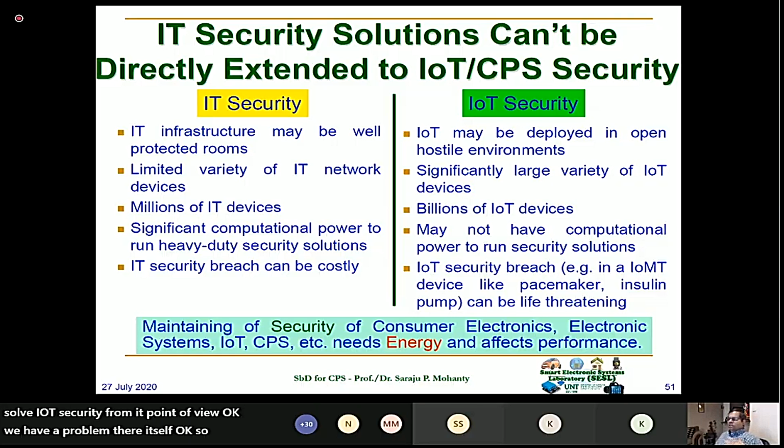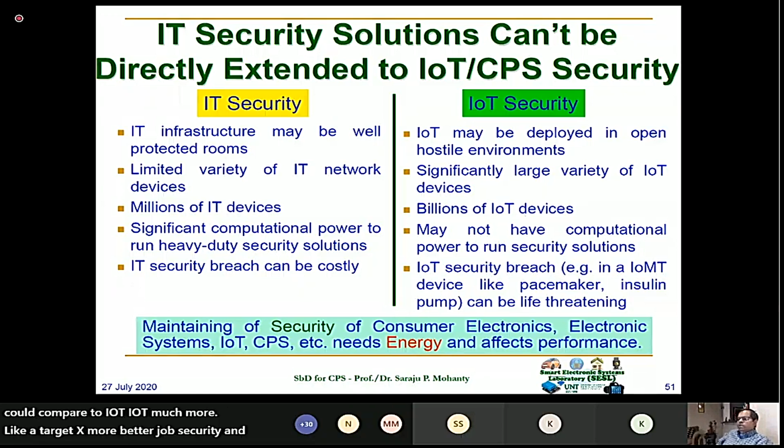IoT security needs to be solved from a hardware perspective, from a system perspective, not from an IT, communication, or information perspective. One of the major things I see is that from an IT security point of view, the number of devices is relatively small compared to IoT. IoT has much more variety, like 1,000x more.